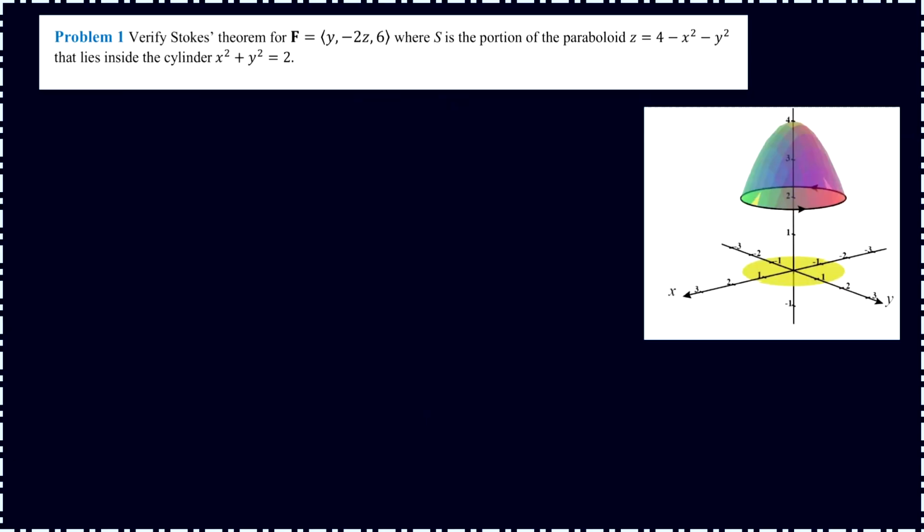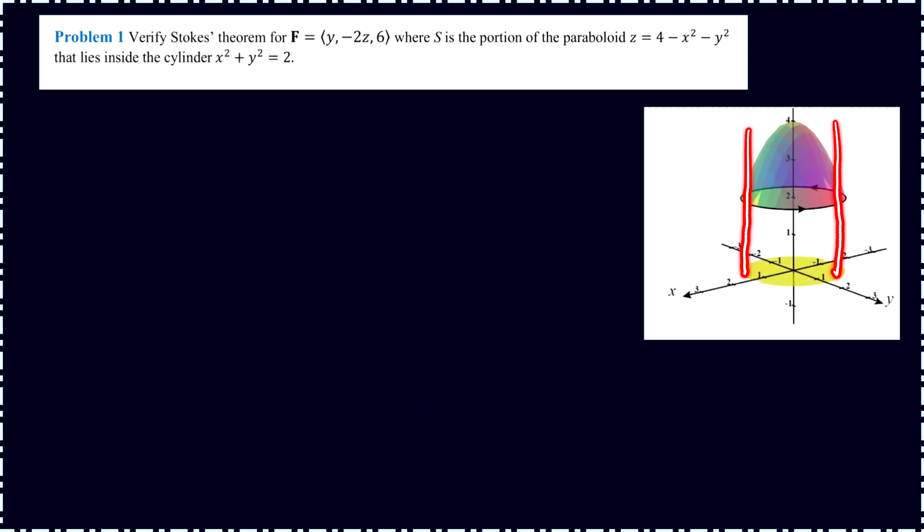Okay, I could have said instead that the paraboloid is cut out by a plane, in this case z equal to 2, to create the surface here as you see. So just picture we have this paraboloid and we have a cylinder.